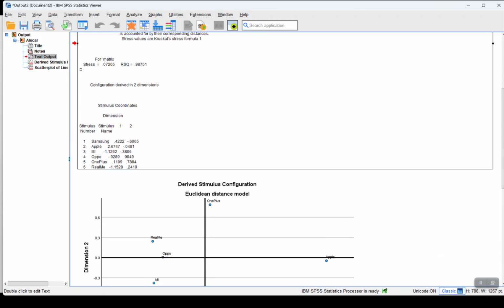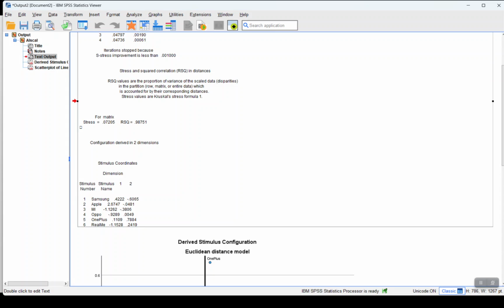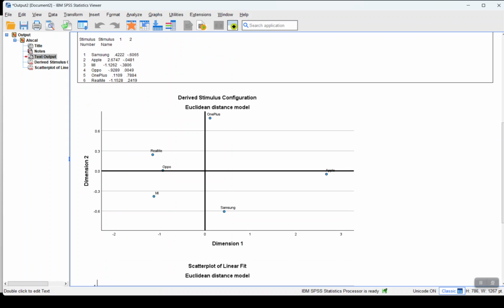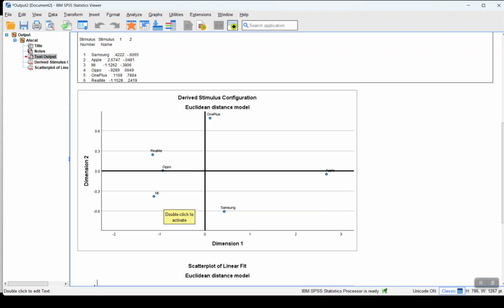Now we skip this as of now, but what is interesting is this quadrant where we see that MI, Realme and Oppo are in this segment, whereas OnePlus is at the top of this, which represented feature, value for money, and more or less similar kind of clubbing goes for Realme, Oppo, and Mi.